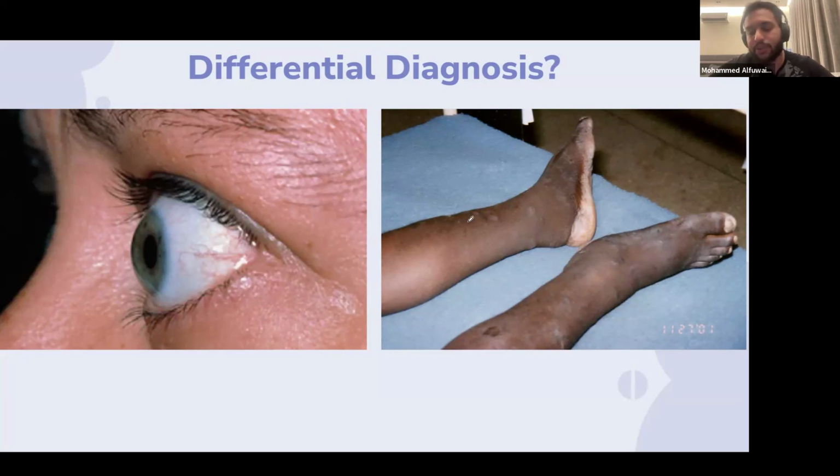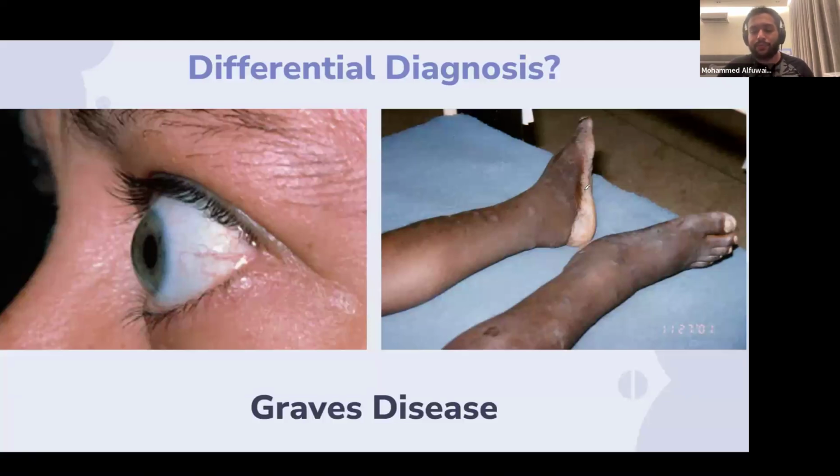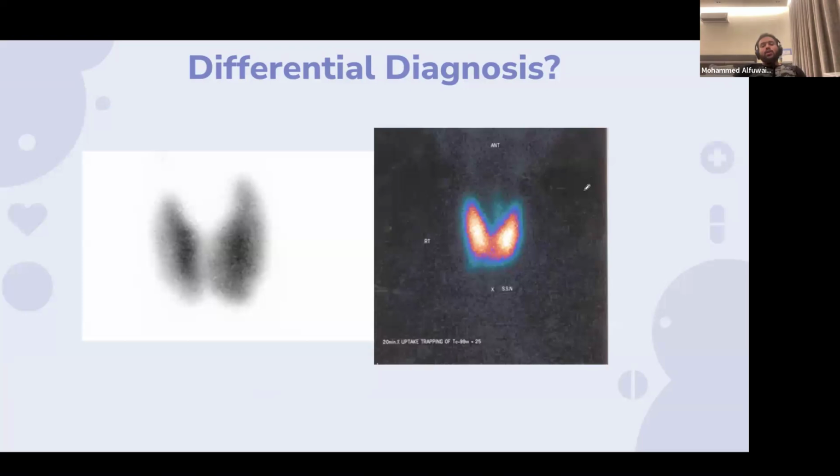Pretibial myxedema. Good job. So these are the two important signs that you might see in Graves' disease that you don't usually see in other causes of hyperthyroidism. Exophthalmos, which is a very, very specific sign, and then you might see the pretibial myxedema as well.